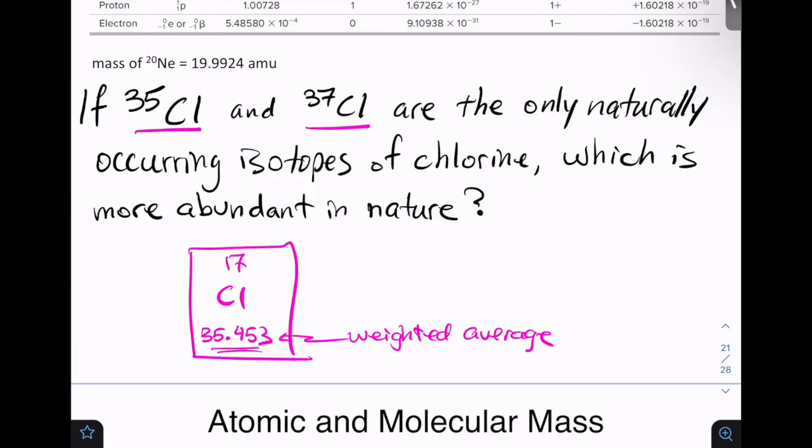Now, that only holds true if, in fact, those are the only two isotopes. These do happen to be the two most abundant isotopes of chlorine, but most of the time there are going to be other isotopes as well.